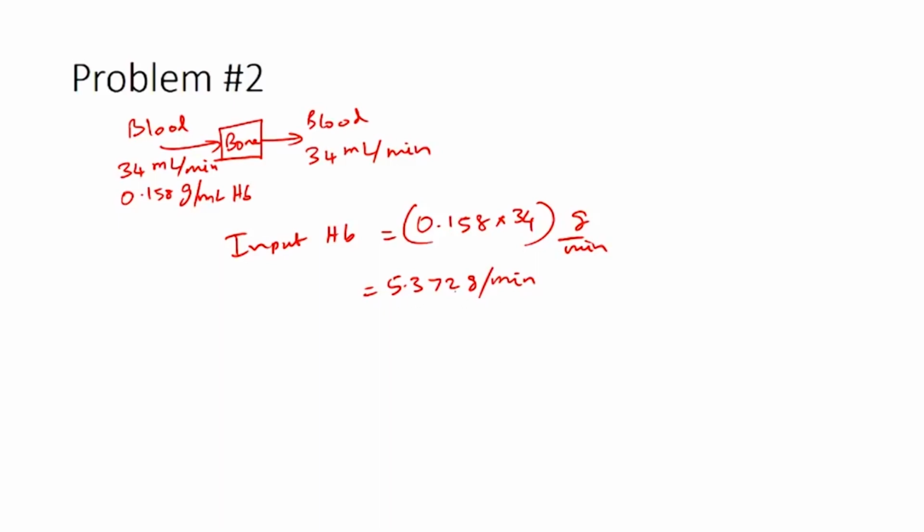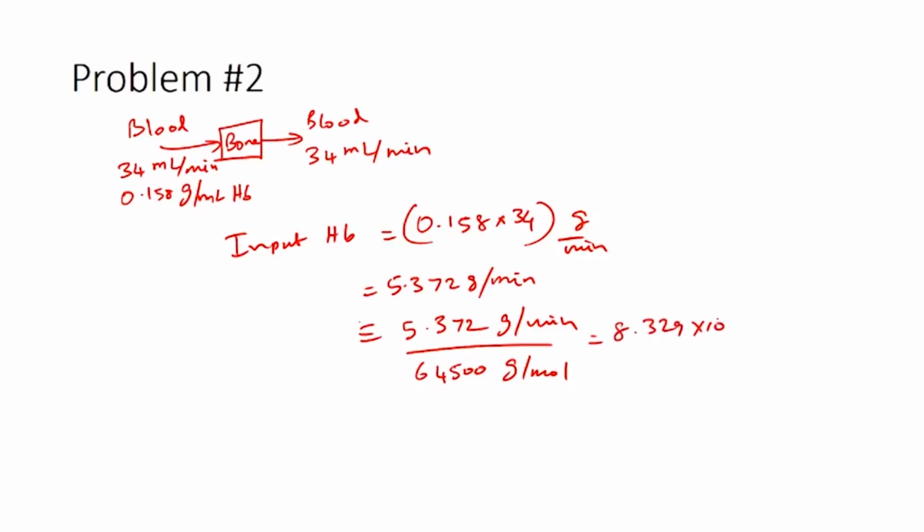For this, we would have to convert the mass of hemoglobin to moles of hemoglobin, which we can do by using the molecular weight given to us. So, grams per minute divided by 64,500 grams per mole, giving us the molar flow rate of hemoglobin into the system as 8.329 times 10 power minus 5 moles per minute.